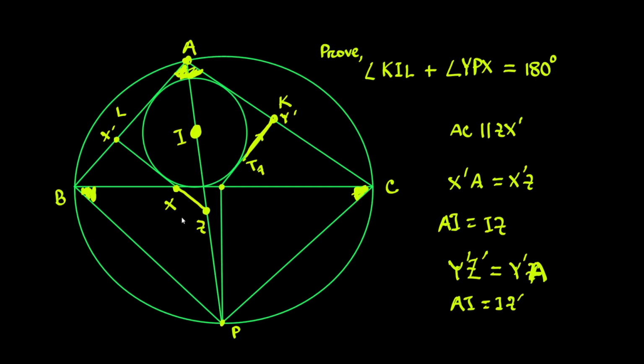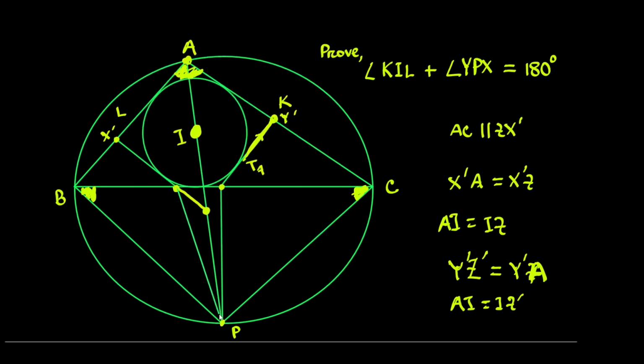Let's draw it. So this angle is equal to this angle. That means this angle and this angle equal 180 degrees, because they are on the same line. They are complementary angles.